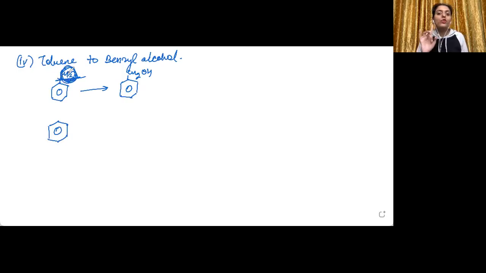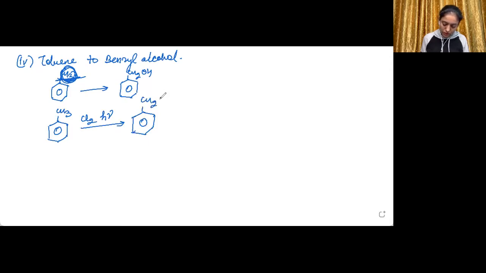Alkanes undergo free radical substitution reactions. So you can treat it with chlorine or bromine in the presence of sunlight. And it will lead to the formation of benzyl chloride. Then how do alkyl halides get converted into alcohols? When we treat them with aqueous KOH.